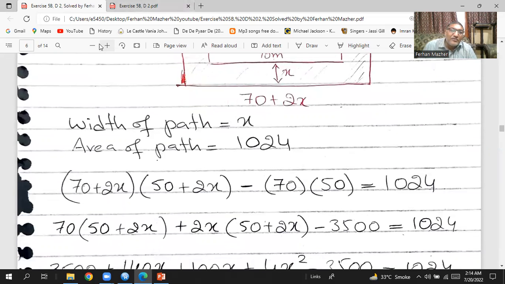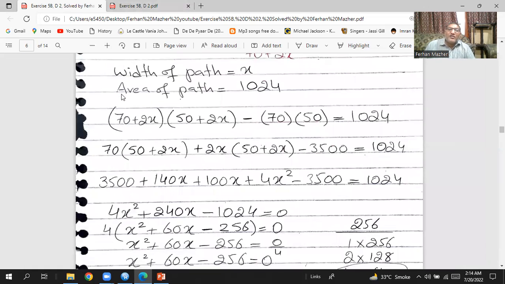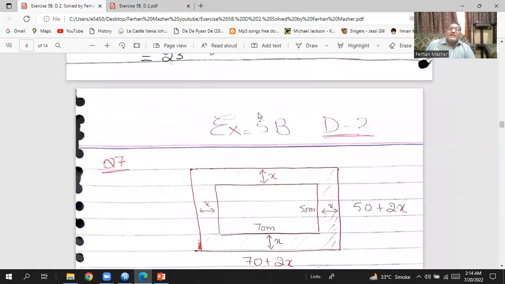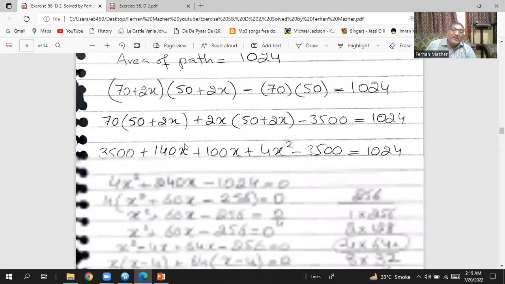The width of the path, suppose, is x, and the area of the path is given as 1024. The area of the path will be the area of the full rectangle minus the area of the inner rectangle. The area of the outer rectangle will be 50 plus 2x in one bracket, multiplied with 70 plus 2x in the other bracket. And the area of the inner rectangle will be 70 multiplied by 50.